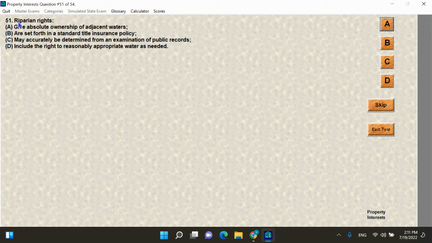51. Riparian rights A. Give absolute ownership of adjacent waters. B. Are set forth in a standard title insurance policy. C. May accurately be determined from an examination of public records. D. Include the right to reasonably appropriate water as needed.